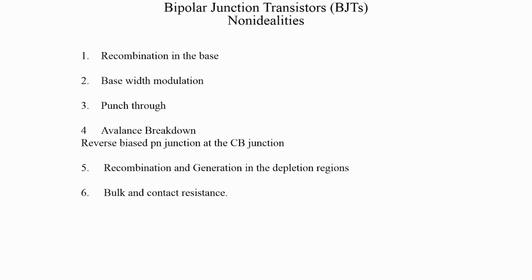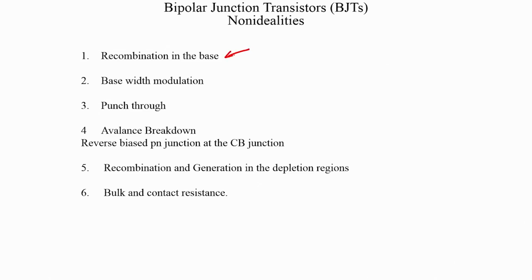Now, so far we have been assuming a very ideal BJT, and there are several factors that we ignored or did not really consider when we derived the current voltage characteristics, and some of these factors are listed here. The very first and the very obvious one is recombination in the base.